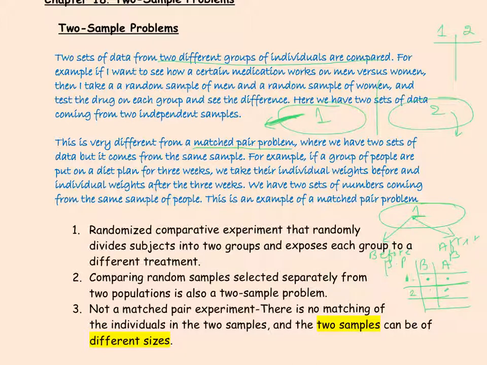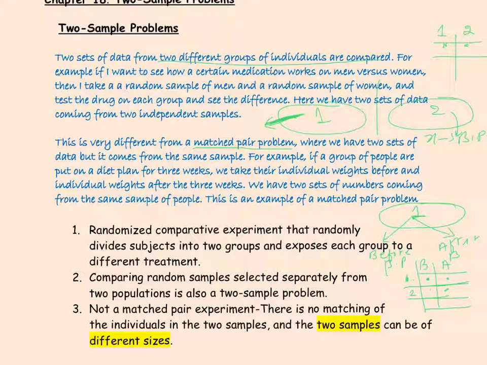We do get two columns of data, one coming from sample 1 and the other coming from sample 2. So that is the big difference between a two-sample problem, which is two different samples, two independent samples, giving us certain readings, let's say of the same thing, which is blood pressure. But the difference is that we have two columns of data and each one is coming from a separate sample.